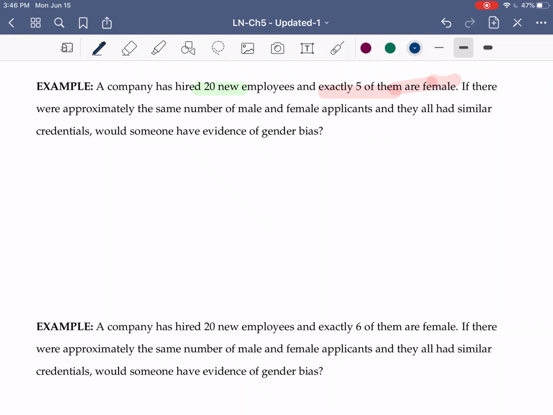So this question, evidence of gender bias, is asking, is 5 unusually low? So is 5 an unusually low number of females to hire, or is it not unusually low?